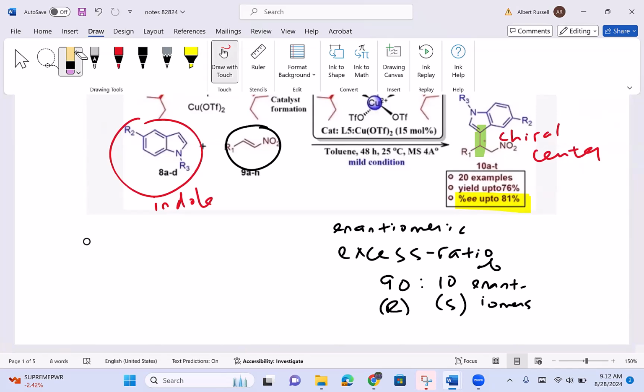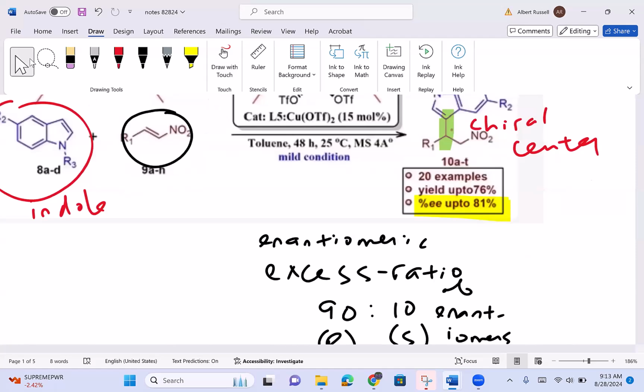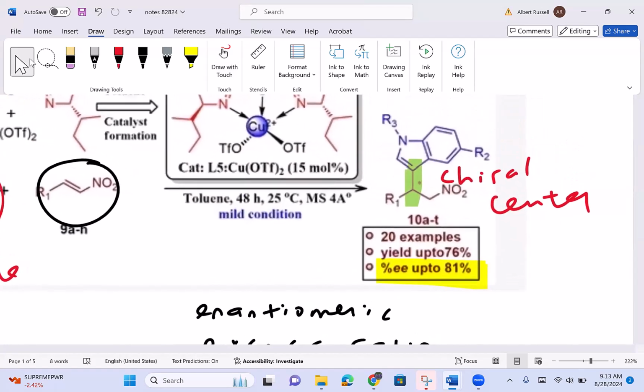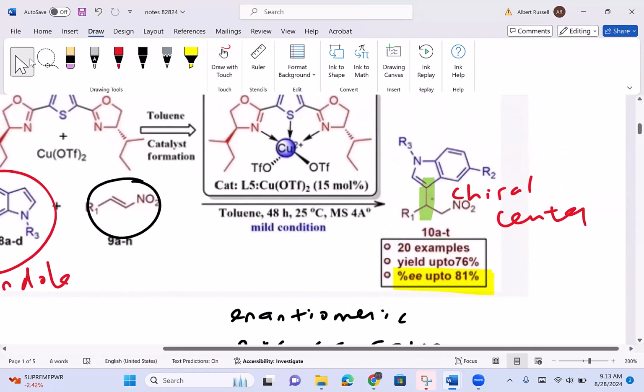But the point is, I took this indole, I added this nitroalkene to it, and I set a chiral center, and I made a molecule that actually has some type of biological significance. This molecule is a precursor to a larger molecule in a convergent synthesis.